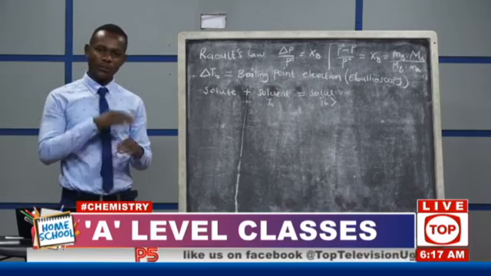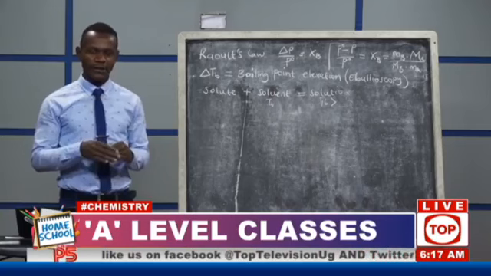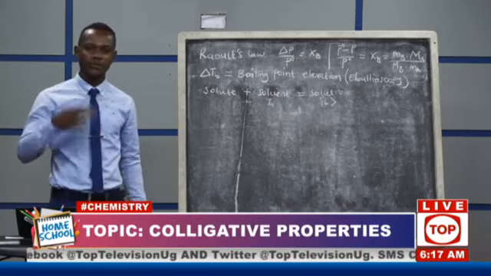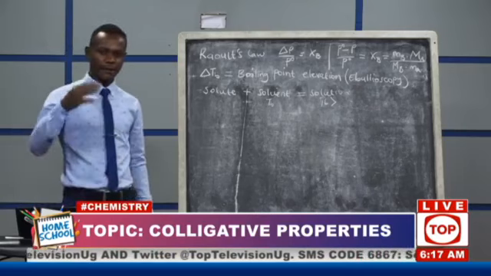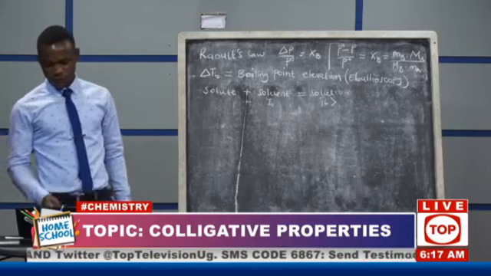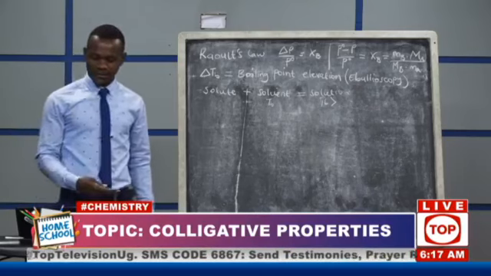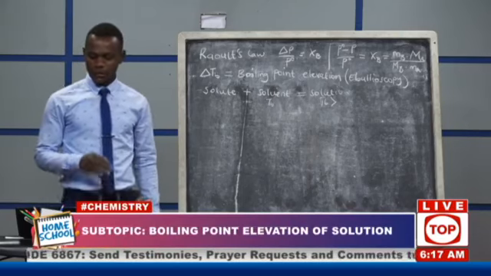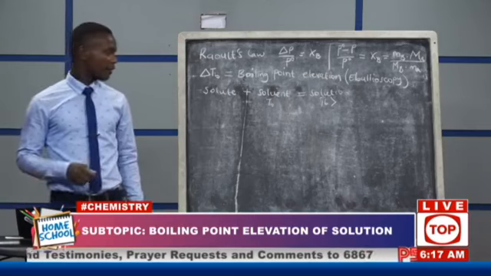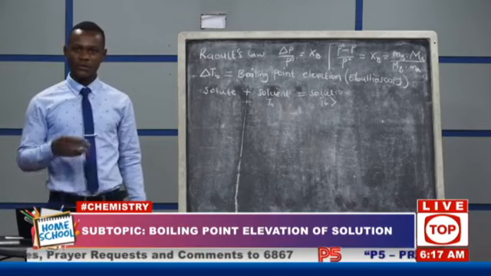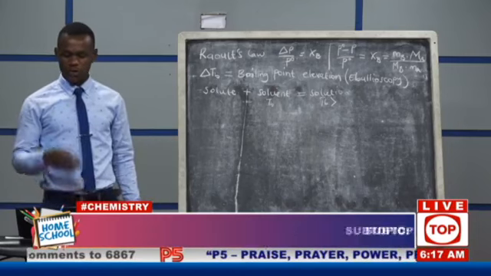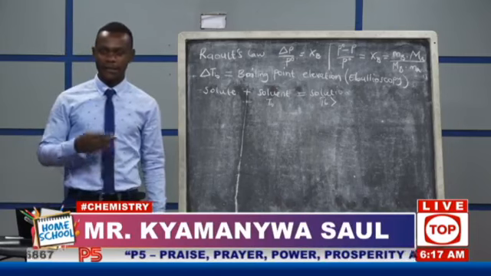Once you put the solute, it will hinder the balance of the two, so you need to heat the solution to a higher temperature. Once you add the solute, it reduces the escaping tendency of the volatile solvent, and that means it will require you to apply a much higher temperature.